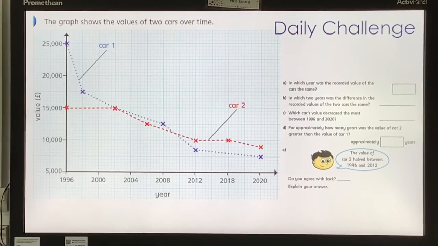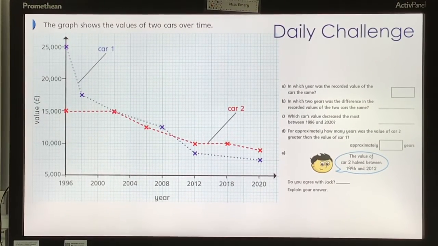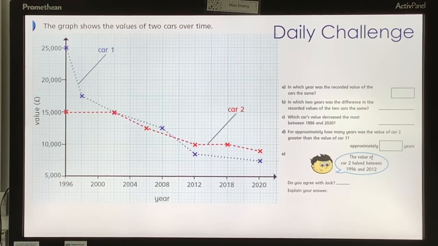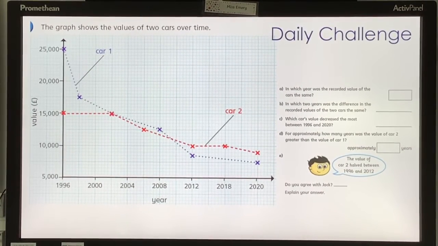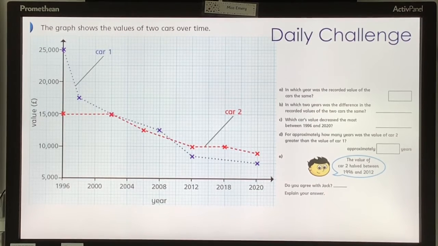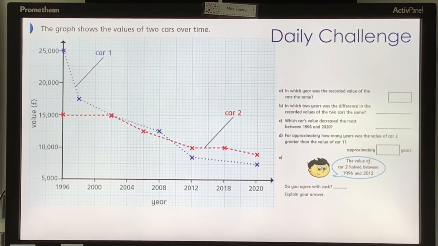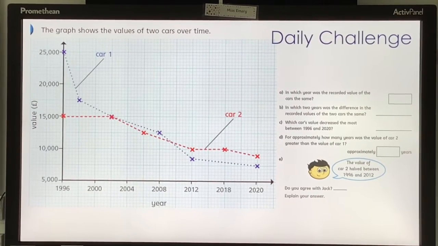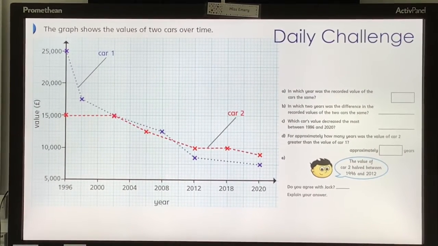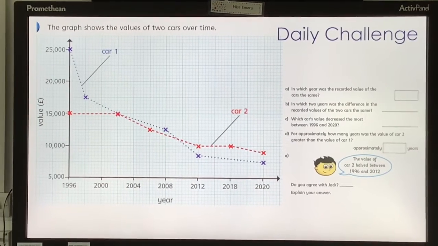So, A. In which year was the recorded value of the cars the same? B. In which 2 years was the difference in the recorded values of the 2 cars the same? C. Which car's value decreased the most between 1996 and 2020?